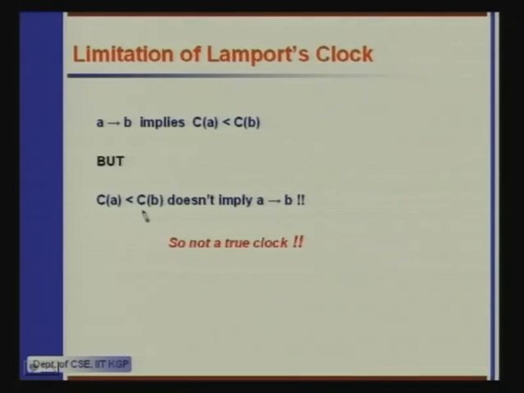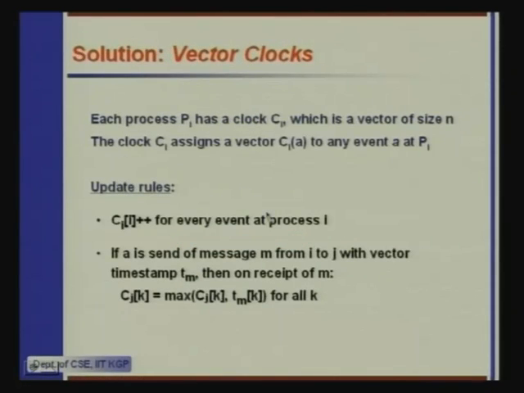So, this is the problem with Lamport's clock. We cannot use it to sequence the messages, because C(A) less than C(B) does not imply A happened before B. So, we will look at a variant of this, which is called a vector clock.